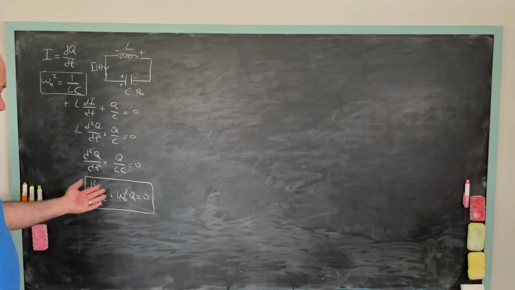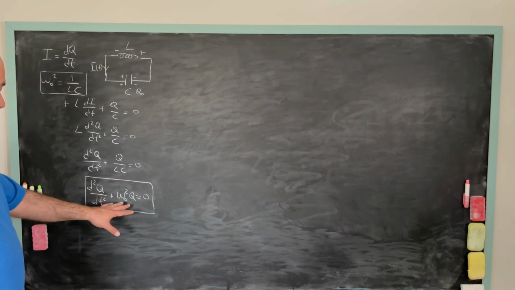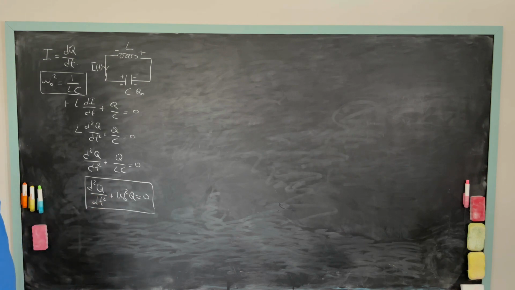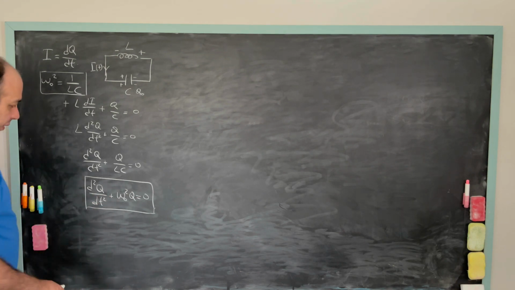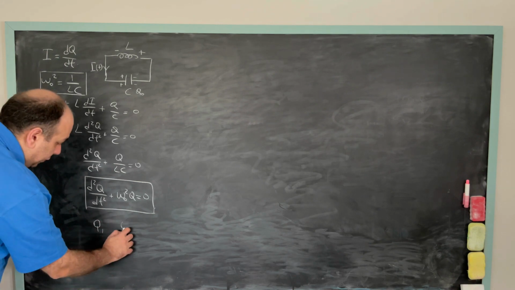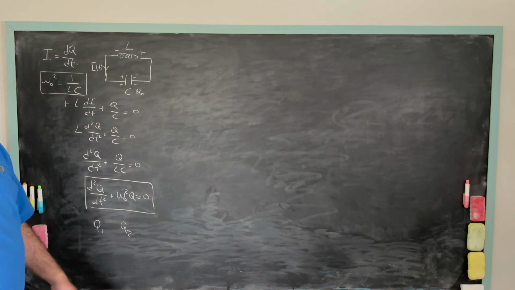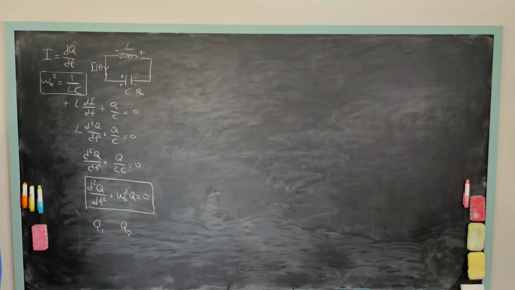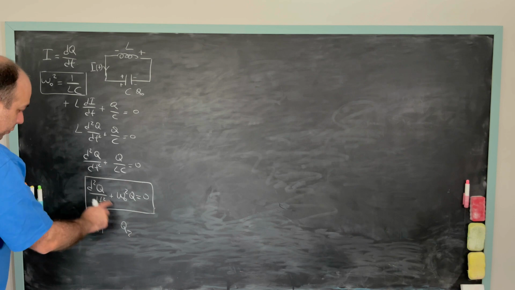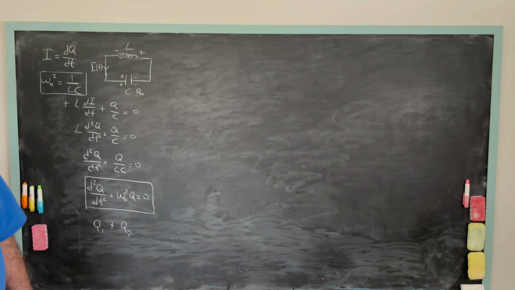This is a second order differential equation with constant coefficients, and it is a linear equation. What does that mean? The meaning of linearity is that if Q1 is a solution and Q2 is a solution, these two being linearly independent solutions, then Q1 plus Q2 is also a solution.